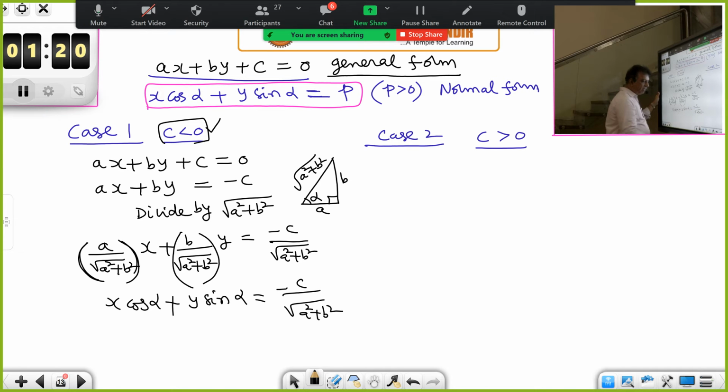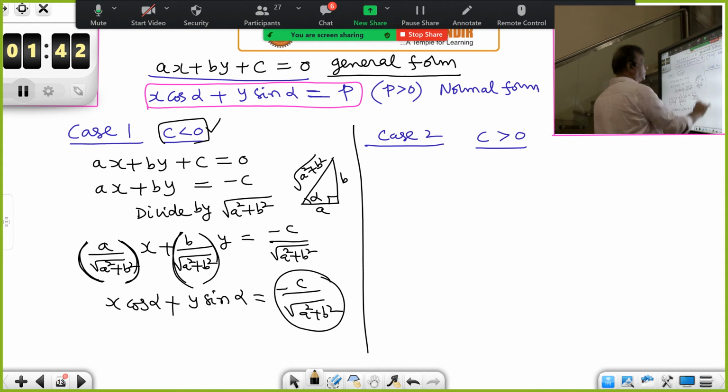That is p. So if a by root of a square plus b square is cos of some angle, then b by root of a square plus b square will be sine of the same angle. Right side p, remember that this is positive. It may be looking like negative, but it is positive. This is the first case.